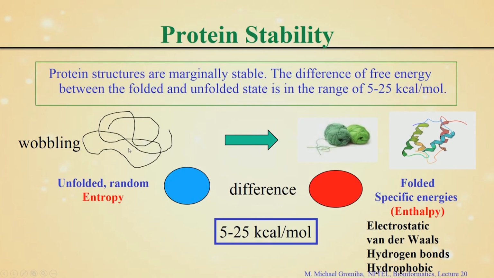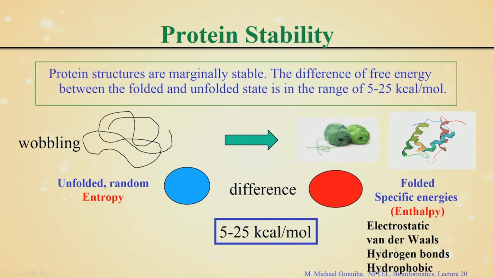If you look into this unfolded state, there is a kind of wobbling conformation. The major factor influenced by this conformation is entropy, which depends upon how many degrees of freedom this protein has in the unfolded state. Then we go to the folded state, and this 3D structure is maintained by different types of interactions. Specifically, electrostatic interactions, van der Waals interactions, hydrogen bonds, hydrophobic interactions, disulfide bonds and so on.